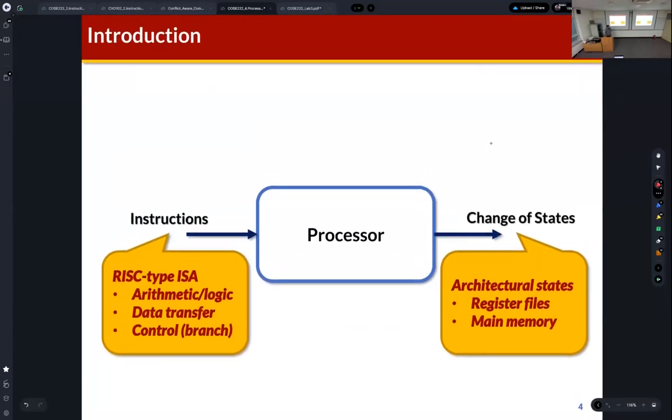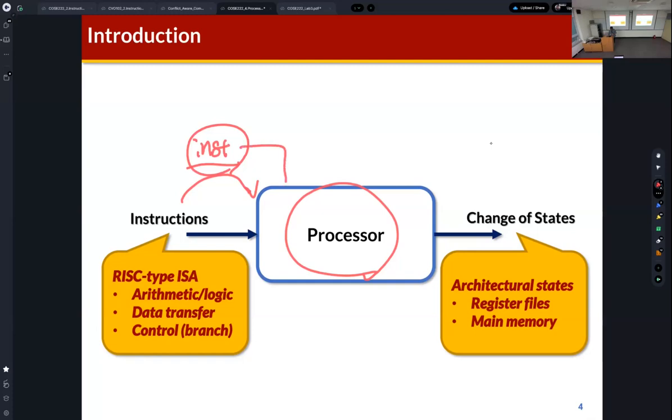Okay, so this is what we learned in chapter 2. So this is the concept of a processor. Let's review this concept. So this is a processor. Instructions are given to a processor, so that means that an instruction becomes an input.